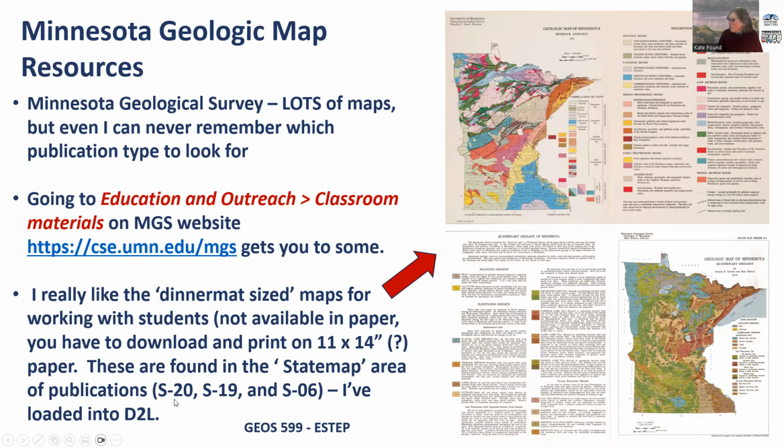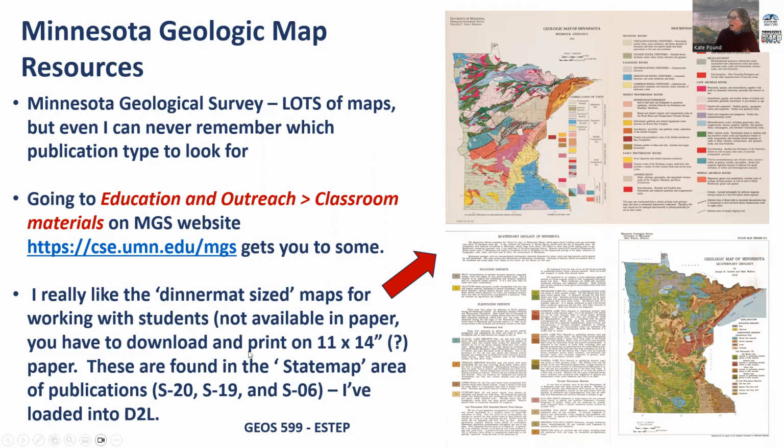The two that I've shown here, ooh, I think I've goofed up. They are the Bedrock Geologic Map, which is S19, and a Quaternary Geologic Map, which, bear with me while I try and see this, I'm thinking it might actually be S4 rather than S6.